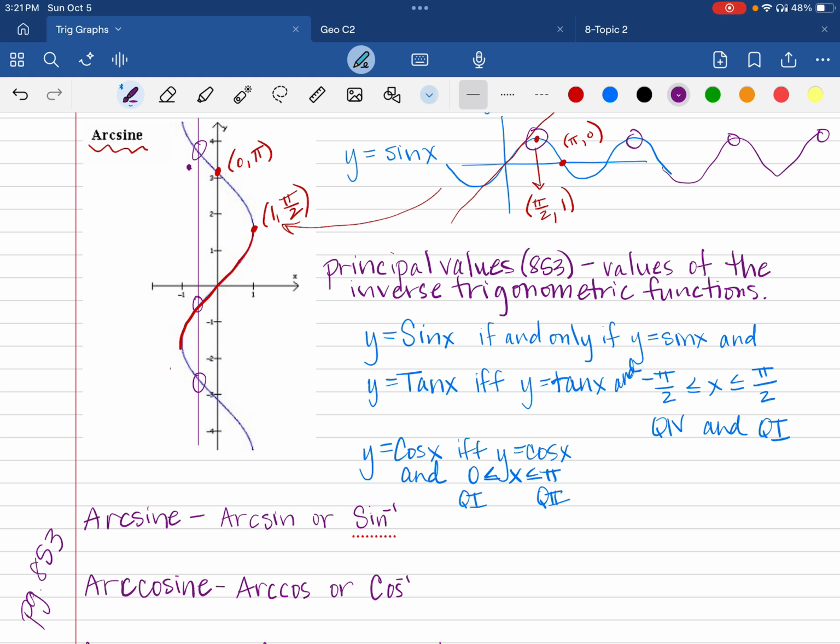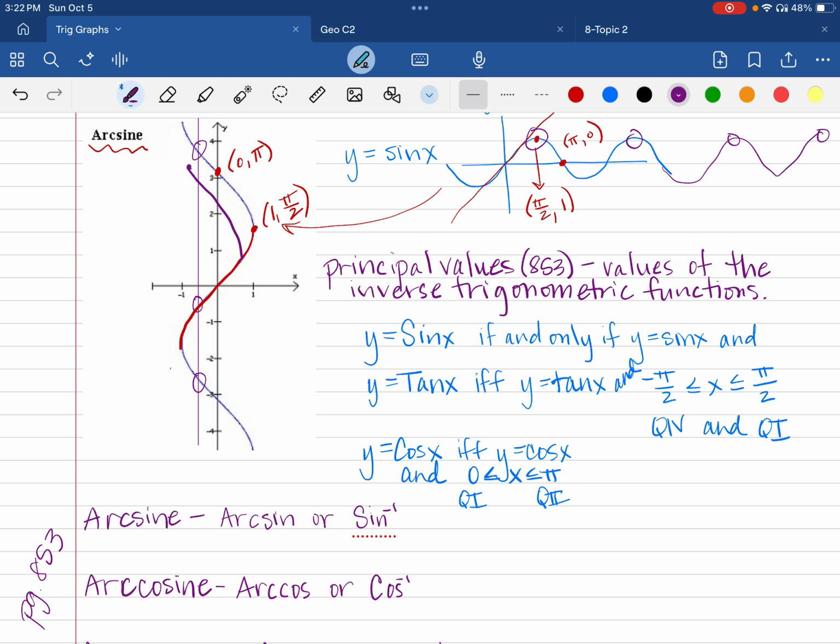It kind of looks like this. That's not a very good representation of it, but we'll work on better graphs later.